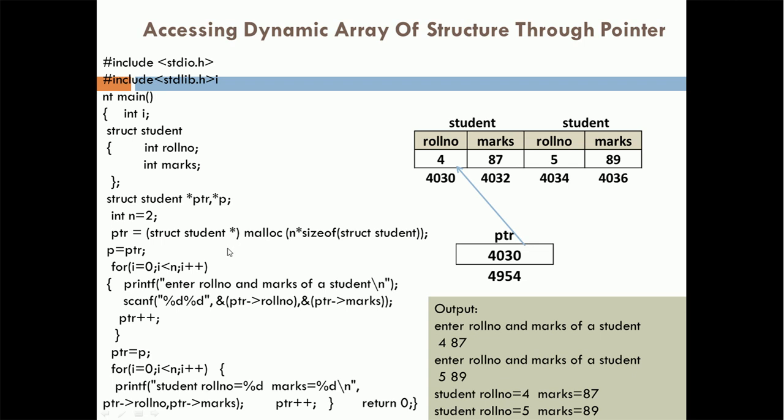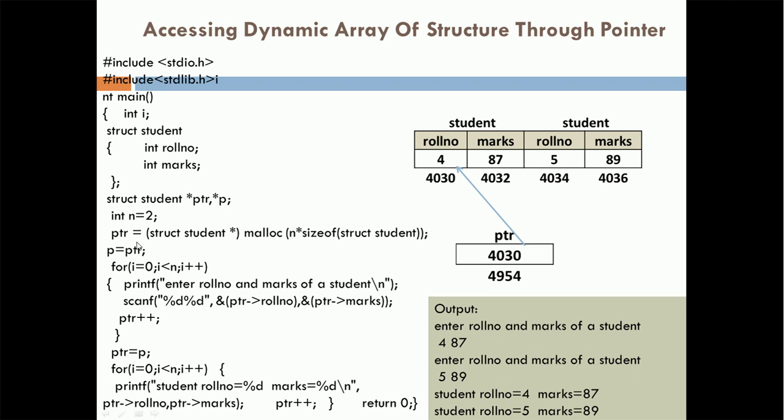We have converted the void pointer to the student type of pointer. For that purpose we have written struct student star. This converts the void pointer to the student type of pointer, because we want to access this reserved space using ptr, which is a student type of pointer.